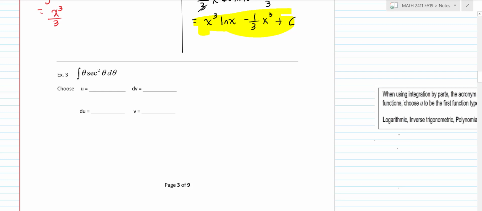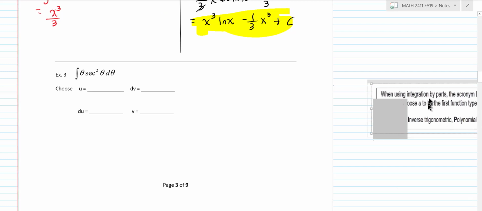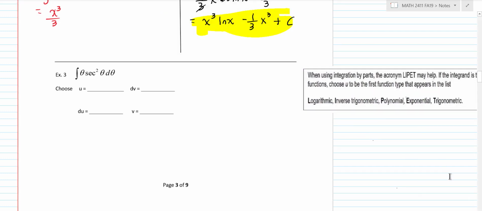Okay. So what I'm going to do here is let's look at this little diagram here for a minute and just kind of refer to this. And it goes like this. This tells you how to look at u. So you have theta. Theta would be a polynomial.